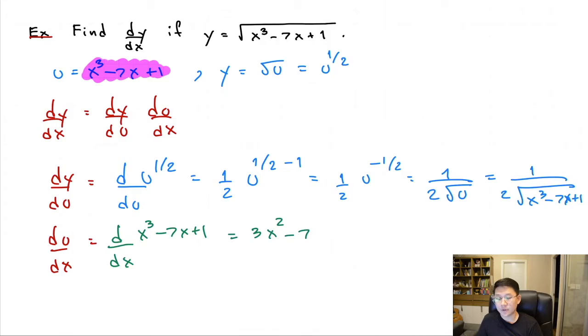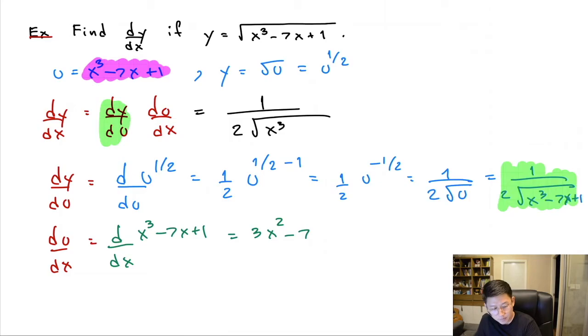Okay, so the answer is dy by du, which is this, 1 divided by 2 square root of x cubed minus 7x plus 1, and then du by dx is this, so we have 3x squared minus 7.